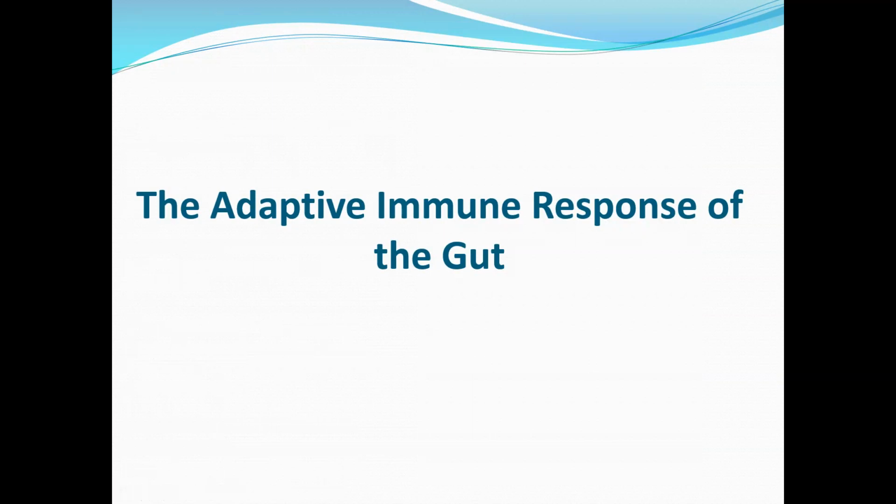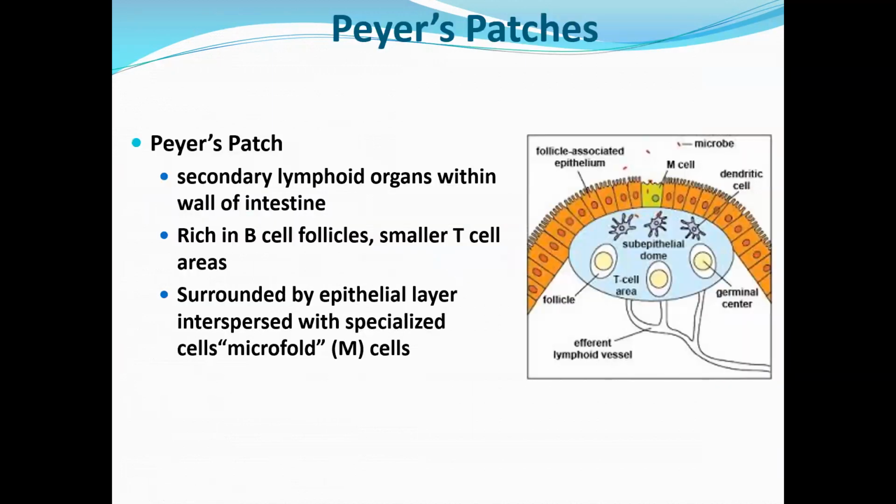With regard to the adaptive immune response, first of all, this specialized structure, the Peyer's patches. And so these are specialized lymph nodes scattered throughout the epithelial barrier, which, just like a normal lymph node, contains dendritic cells, B cell zones, and T cell areas.